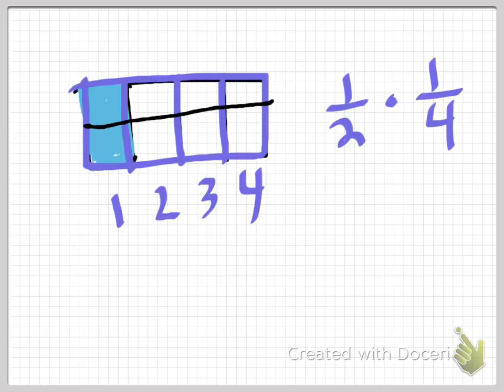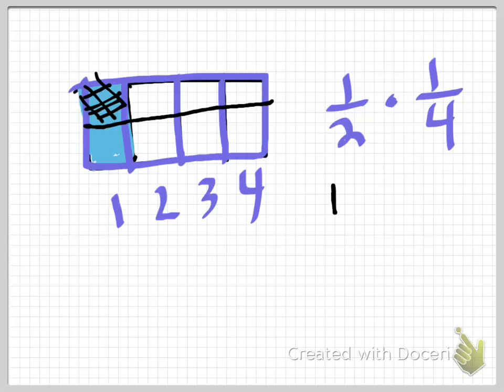Now I only want 1/2 of that whole. And how much of the entire whole is shaded? Well, I have 1.